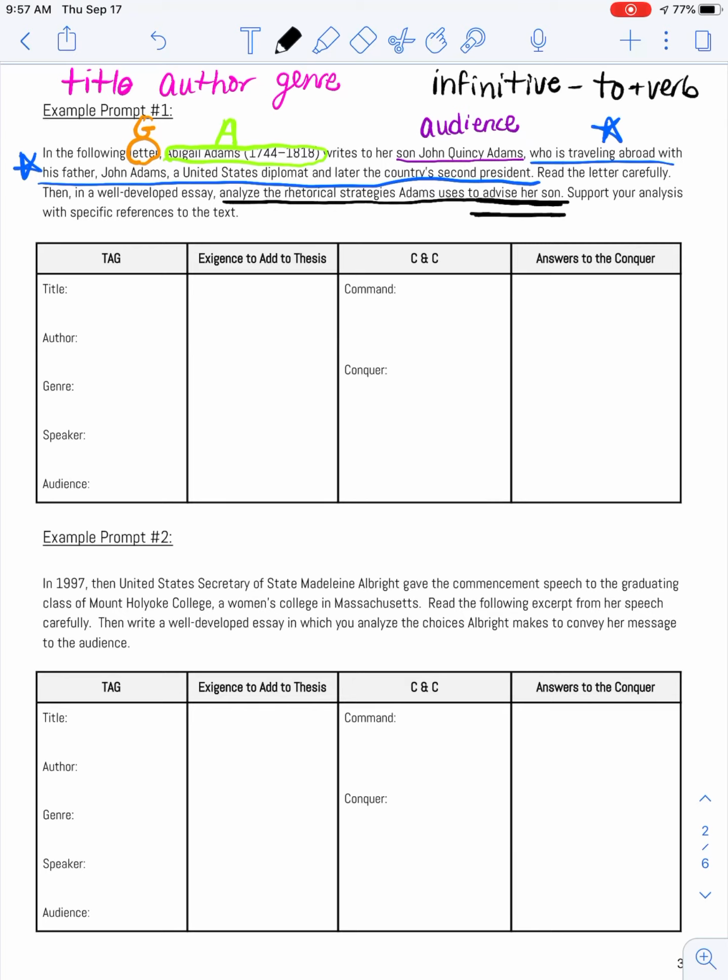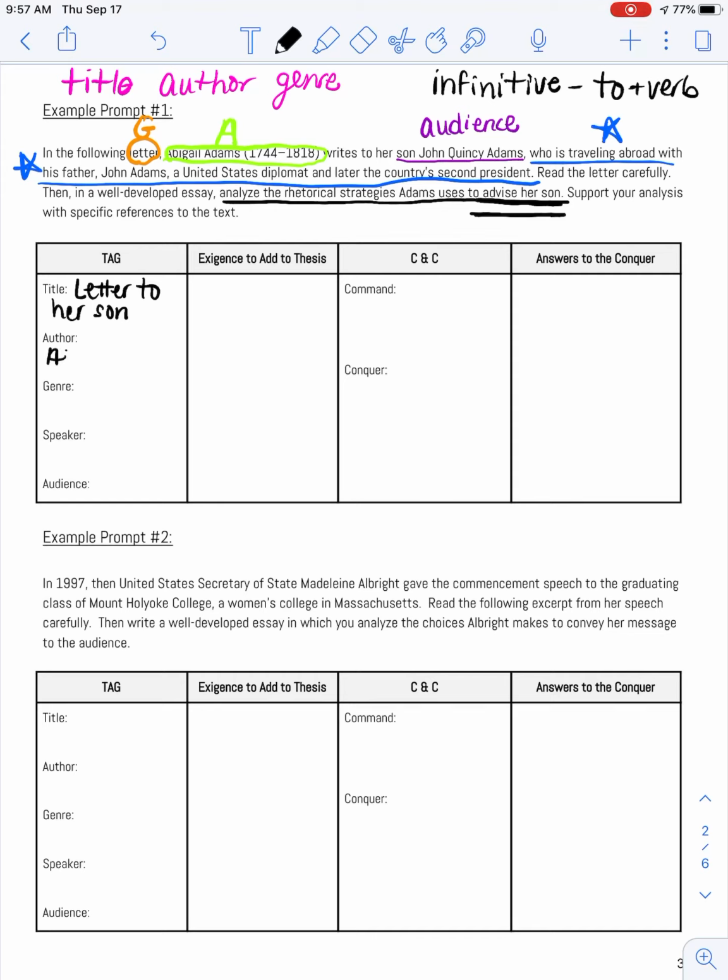What we're going to do right now, though, is we're going to go through and we're going to say, okay, we're going to fill in our chart just for practice's sake. So I'm going to go ahead and I'm going to say, okay, a title. Now, I don't actually have a title, but what I'm going to do is I'm going to kind of combine the genre and the audience, and I'm going to title it Letter to Her Son.